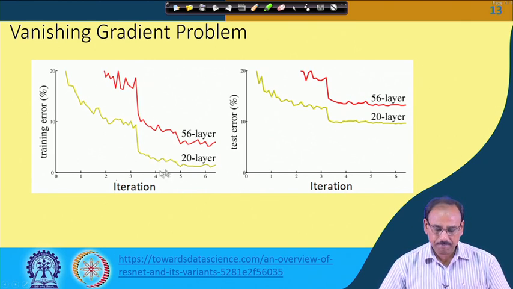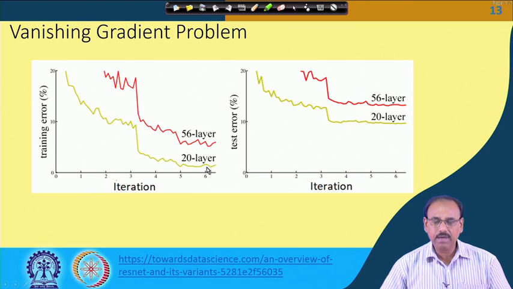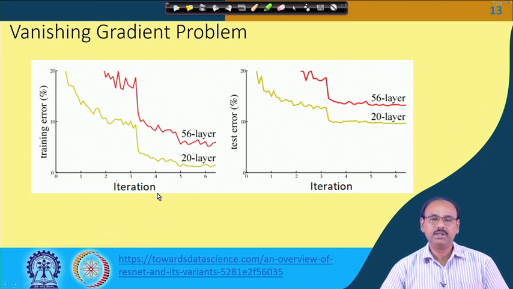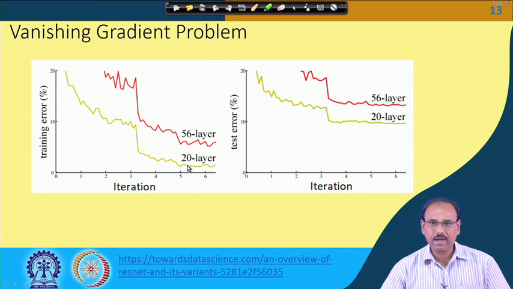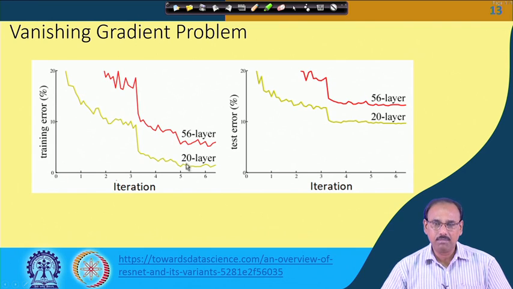Here you find that with a network having 20 layers and with a network having 56 layers, during training, though the error goes on reducing with the number of iterations, as the number of layers is increased from 20 to 56, the training error has also increased substantially.